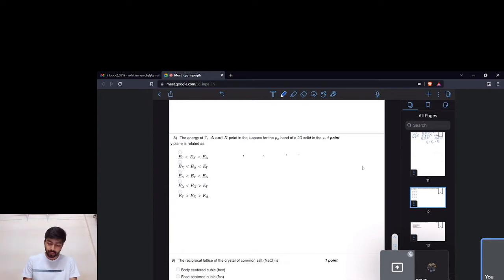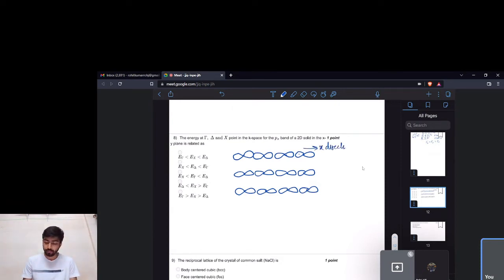Let's say these are the atoms in this 2D solid. The px orbitals would orient themselves in such a way, and this is the x direction. If I consider the case where kx equal to 0 and ky equal to 0, that is, I am considering the gamma point here, we have bonding interaction in x and bonding interaction in y.